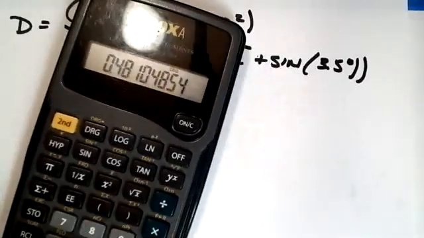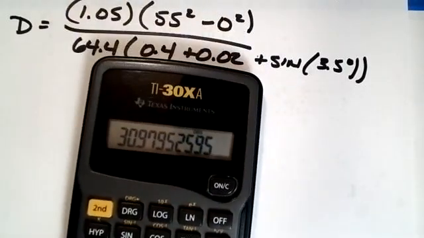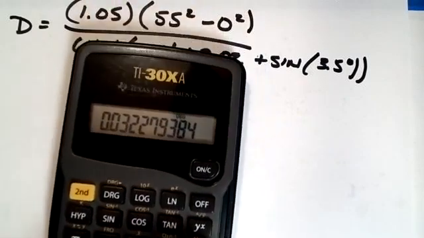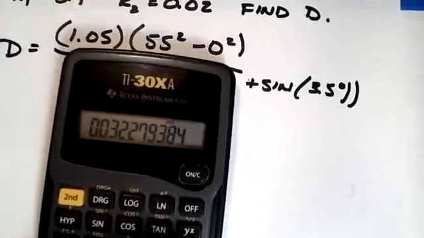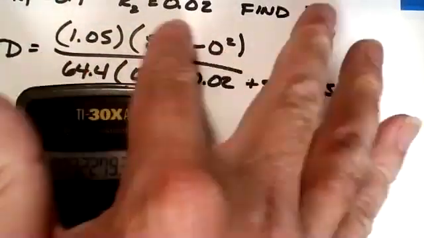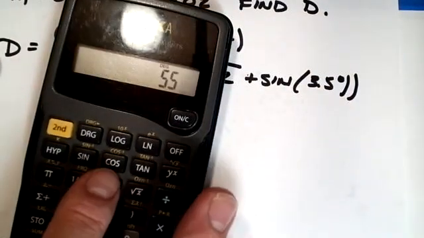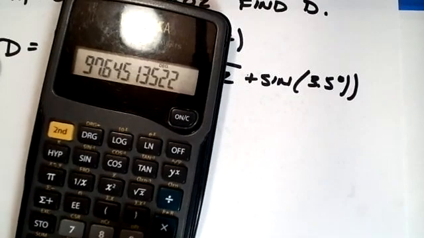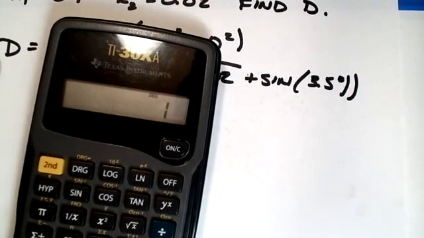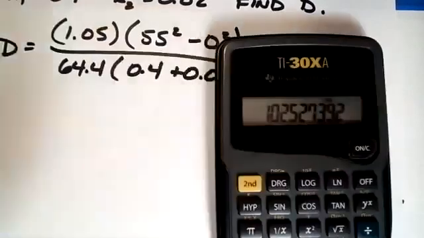Now I'm going to multiply that by 64.4, and since it's in the denominator, I'm going to take the reciprocal. I'm going to multiply it by 55 squared. If this was a number, I might use parentheses. And then I multiply by 1.05. So there's our answer in feet.